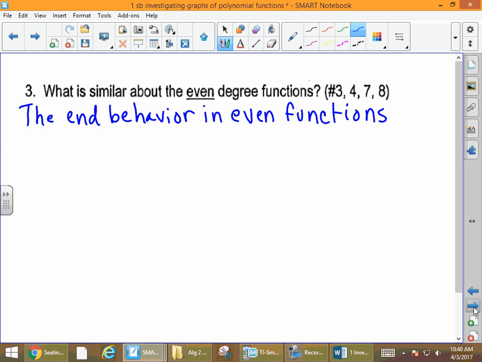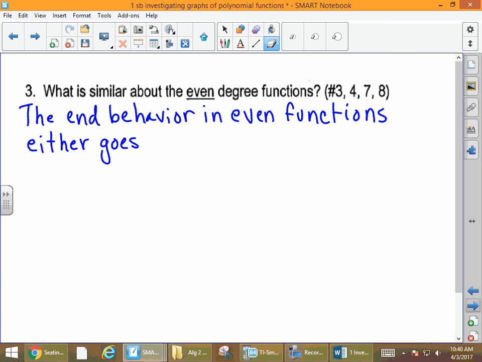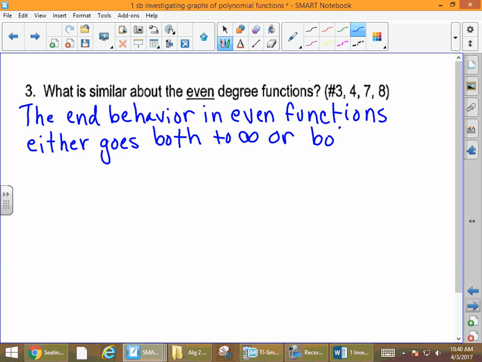If you look back at that on problems 3 and 4 and 7, 8, they either both go to infinity in even functions, either both, I want to get that both in there, both to infinity or both to negative infinity.